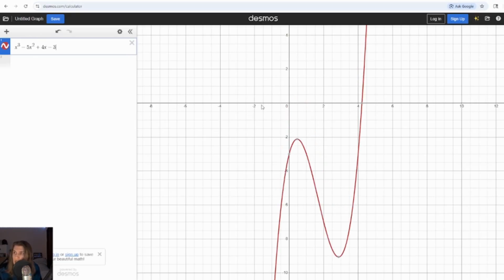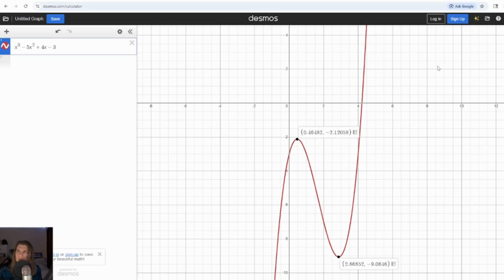So as you can see here, it gives us a graph and it labels a few important points. It gives us the y-intercept, the x-intercept, and it also labels all of our turning points. So our turning points for this one, you can tell right away that they are not going to be very nice. That's the nice thing about Desmos, is we can still use these.